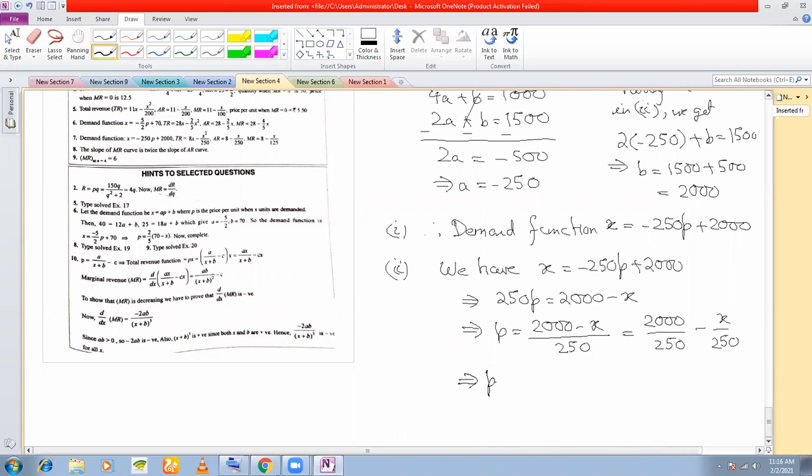So 250 will cancel. 2000 by 250 gives 8. So 8 minus X by 250. This is your price per unit.